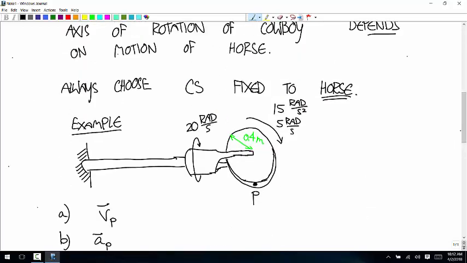Okay, so there are two motions here, spinning around this way and the disc spinning around this way. Which of those two is the horse? The 20, yeah. So this motion is the horse. This one is the cowboy. And so we know that the coordinate system is going to be fixed to the horse, the 20 radians per second motion.